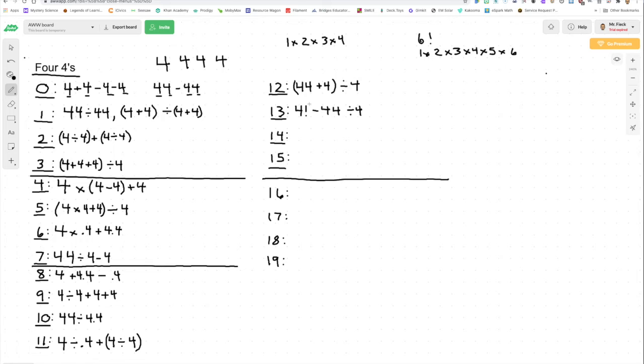Okay? And then for 14, I came up with 4 times, and then in parentheses, 4 minus 0.4 or 4/10, minus 4/10.